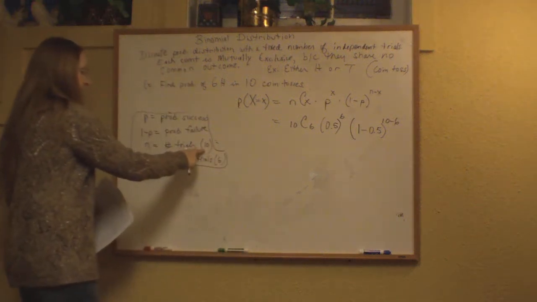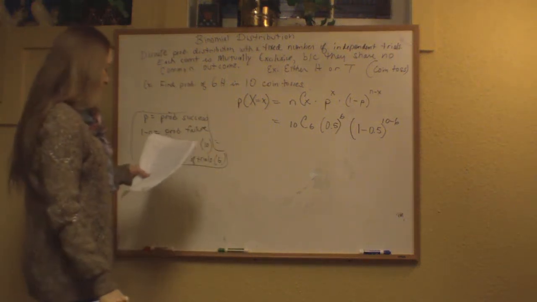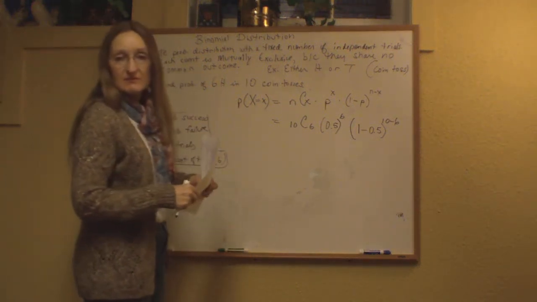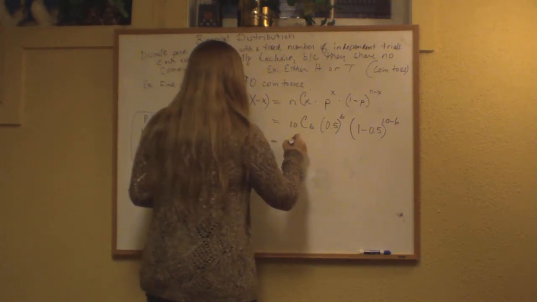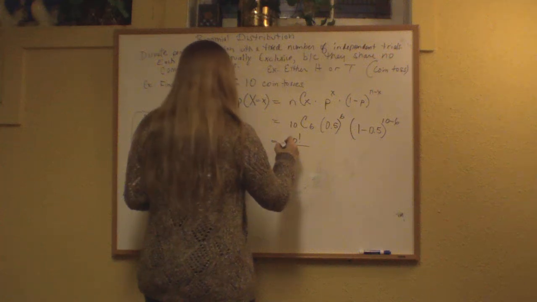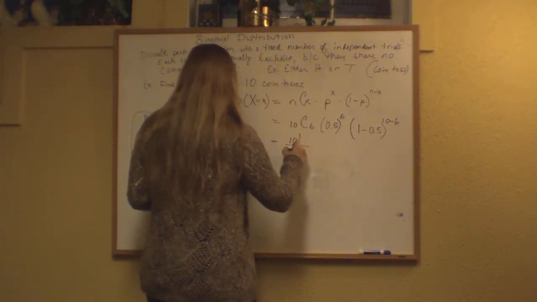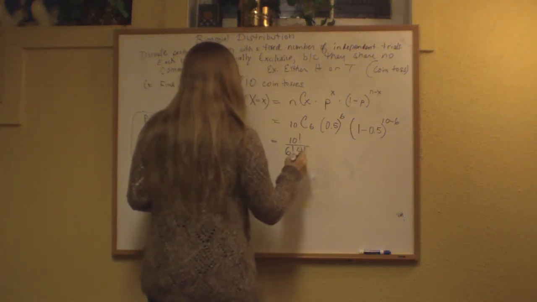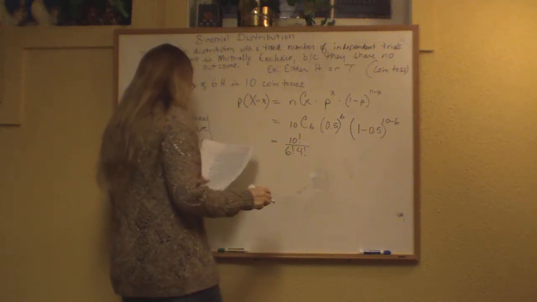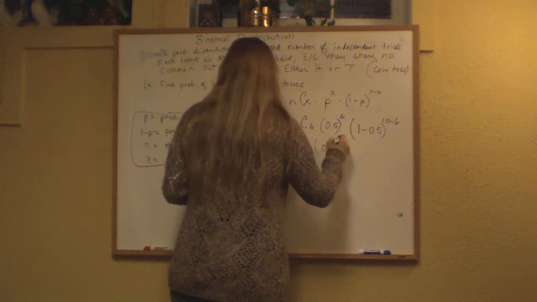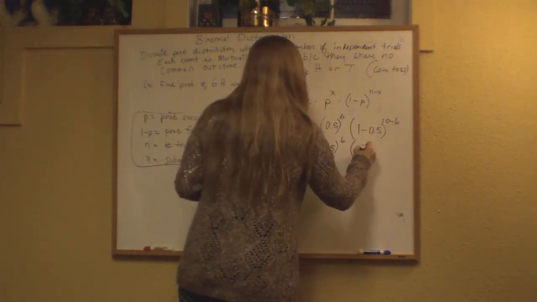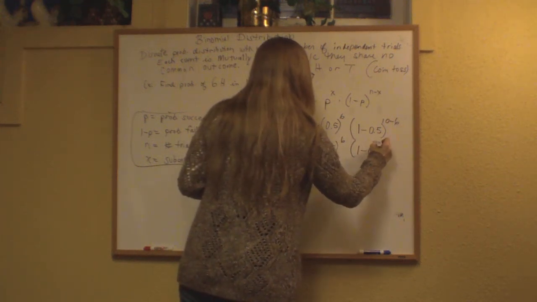I'm plugging in my n, which is 10, and then minus 6 for that exponent. Now 10 choose 6 can be written out formally as 10 factorial over 6 factorial times 4 factorial, because that's 10 minus 6, and then times 0.5 to the 6th, and then 1 minus 0.5 to the 4th.